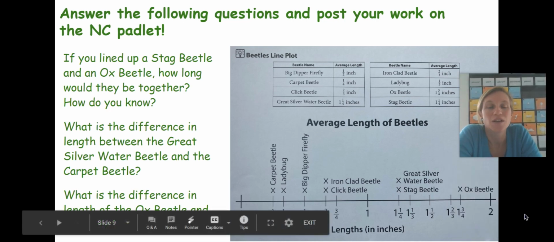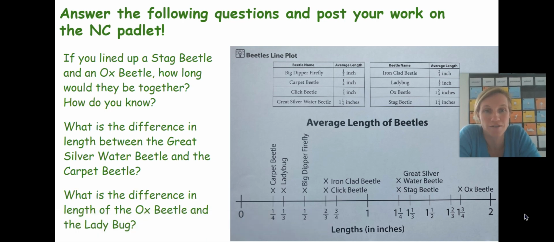Okay, so I have a few questions for you, and I want you to use this line plot, average length of beetles, to solve the following problems. Question number 1. If you lined up a stag beetle and an ox beetle, head to toe or front to back, how long would they be all together?